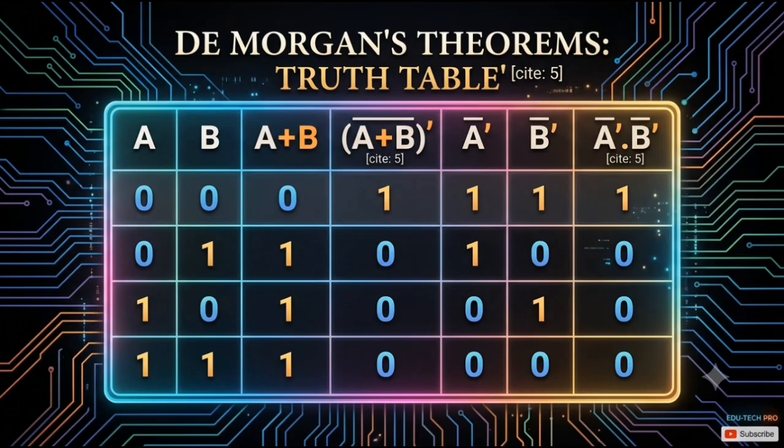So the truth table for all the variables is placed in this table, as you can see, and you will see that each case was satisfied, such that where we had A or B complement, it is the same thing as A complement dot B complement, and the inverse, the opposite of it, still holds.